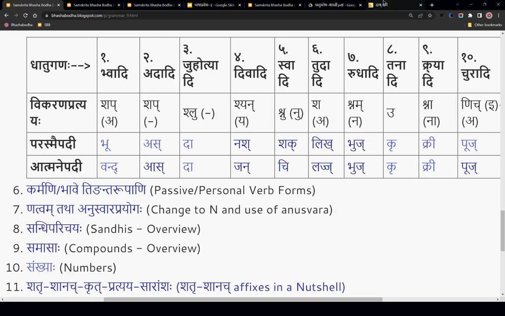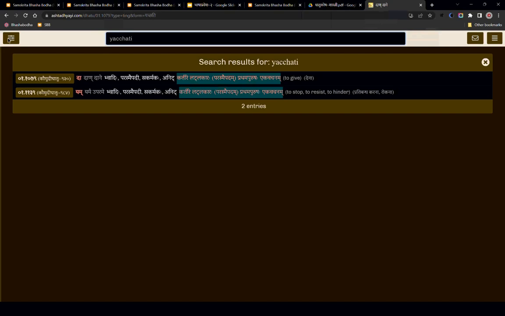Many of the dhatus are just pure Atmanepadi dhatus, and some are Ubhayapadi also. Just like many of the dhatus are just Parasmaipadi, and some of them could be Ubhayapadi also. I think this one has a filter also, on the right.